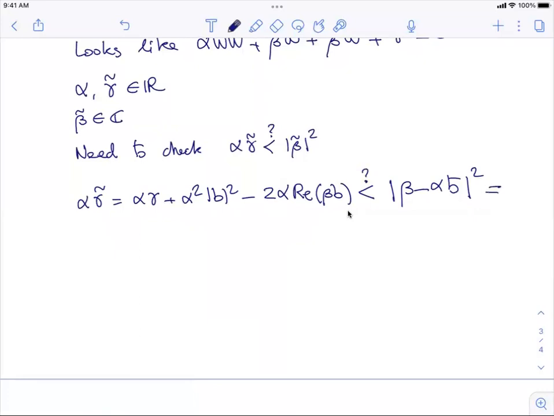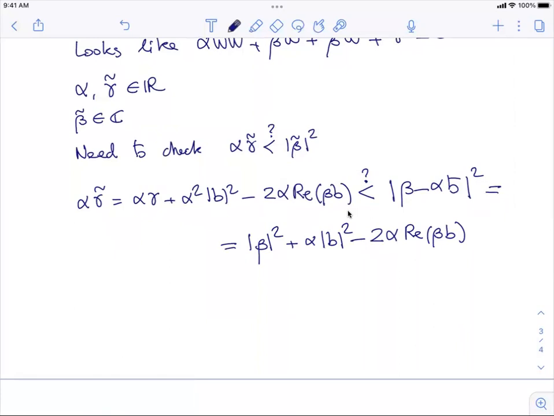This is equal to the modulus of b squared plus alpha modulus of b squared, and then once you do the computation, you will find that you get minus 2 alpha real part of beta b. And that's all we need.